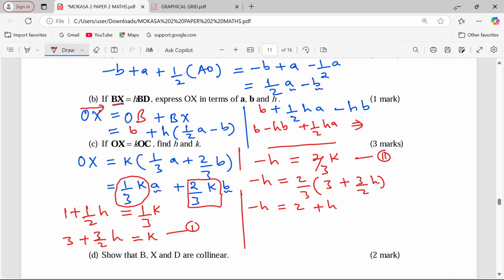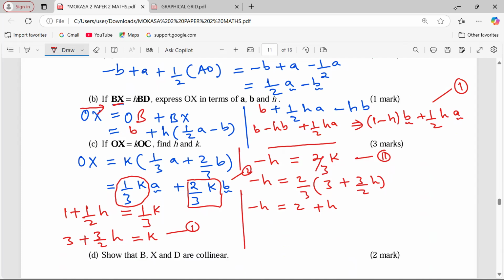Now at this point, vector B can be factored out to have 1 minus H vector B, then plus half H vector A. With that, we say this is the first expression of OX, and the second expression of OX is here.